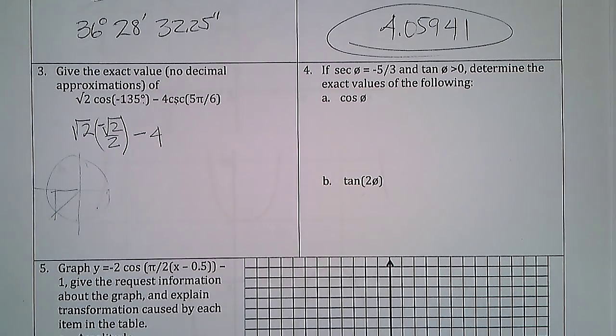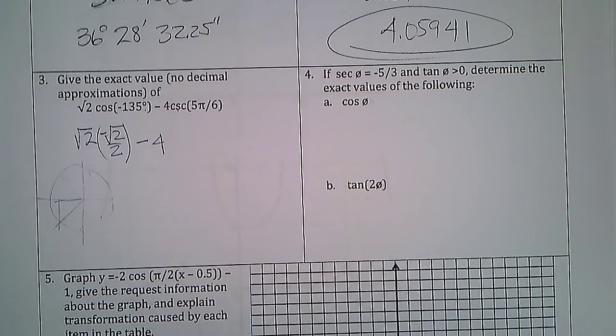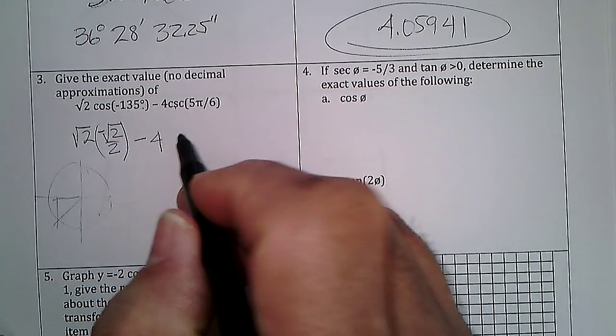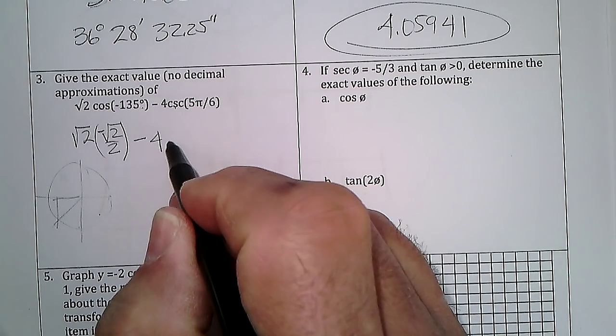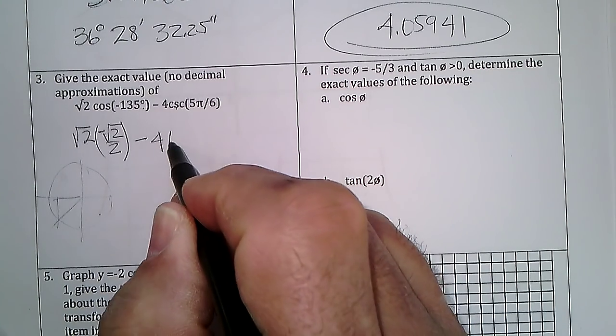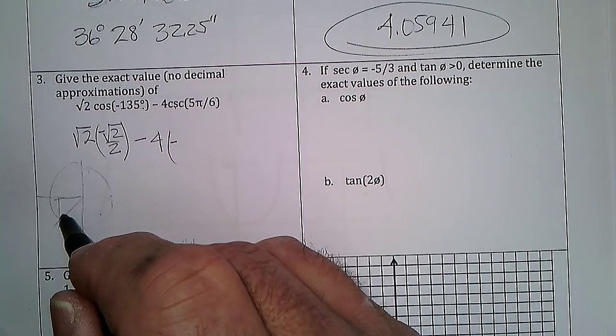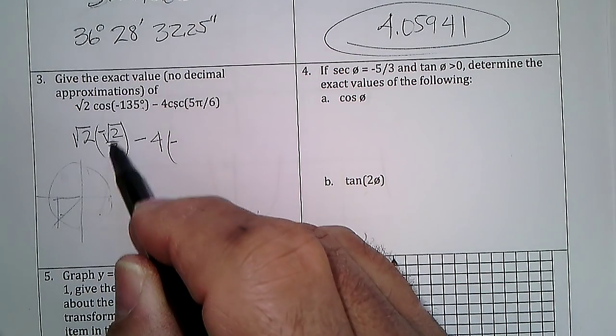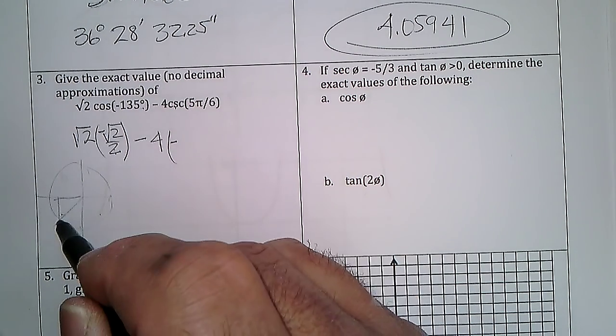Cosecant is the reciprocal of the sine. So that's going to be negative, of course, because in this quadrant, and the reciprocal of the sine is square root of 2 over 2, just like the cosine is there.